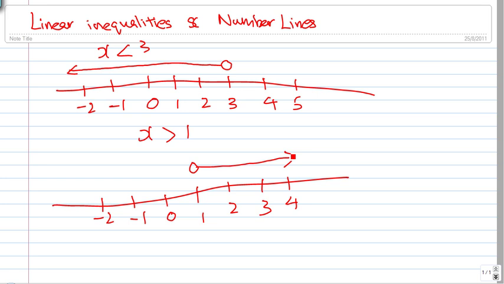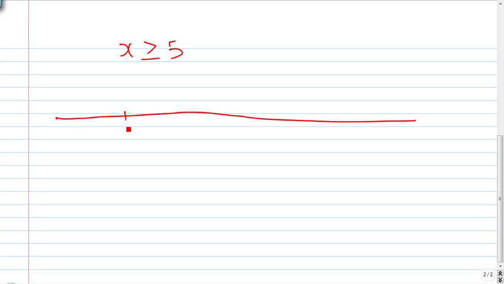Alright, now in the case where you get x is greater than or equal to 5, what do we do? Same, draw a number line: -1, 0, 1, 2, 3, 4, 5, 6, 7, 8.